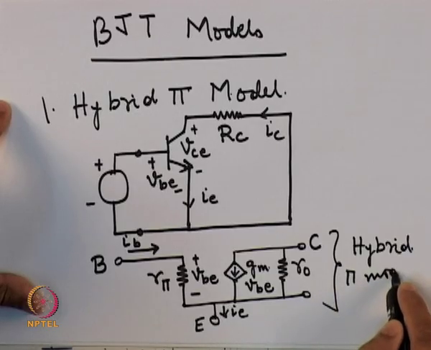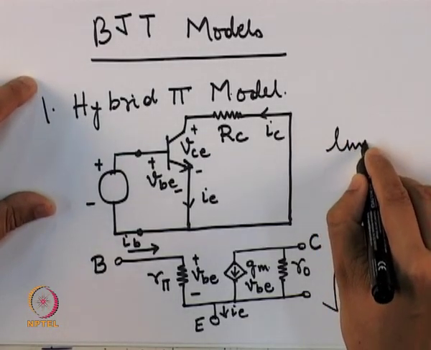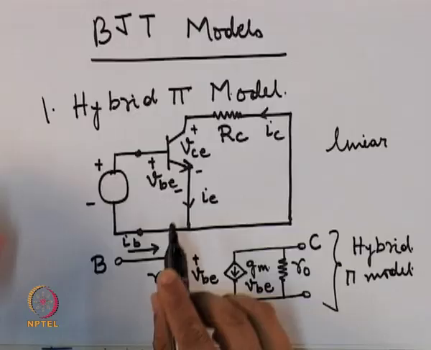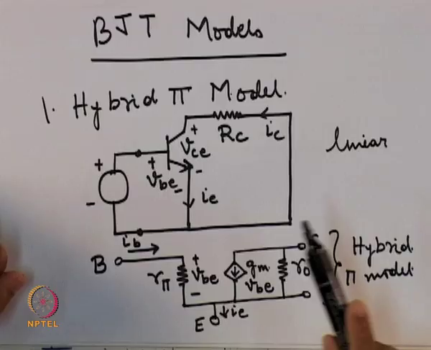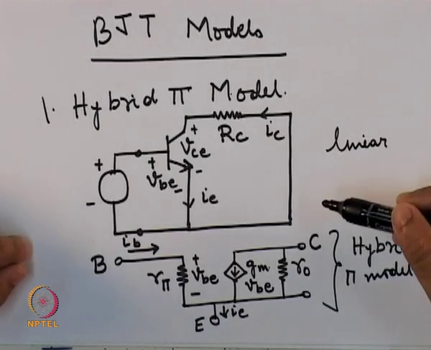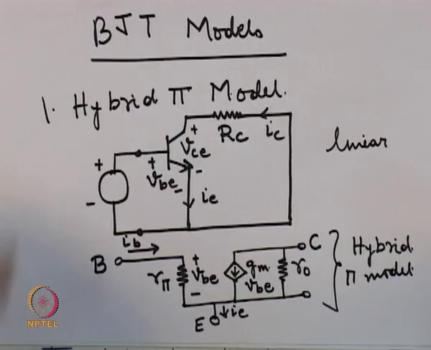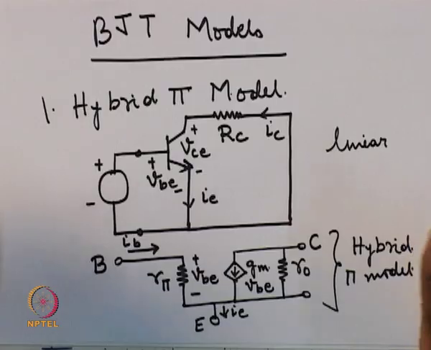First thing to note about this model is that this is a linear model. Even though the BJT is a fundamentally non-linear device, that is, the voltages and currents do not exactly have a linear relationship, this particular model linearizes the circuit over its active region.